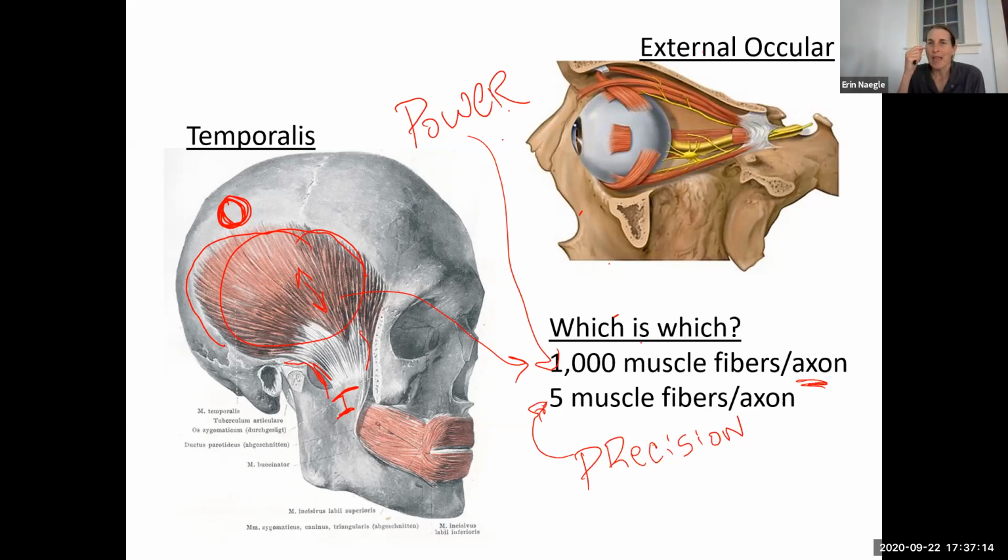You want precision in these tiny little muscles, and so those are your external ocular muscles, and those are all about precision. Where else do you tend to have a lot of precision? Hands, right? So you tend to have more precision motor units in your hands, and power units in things like your legs, chewing.